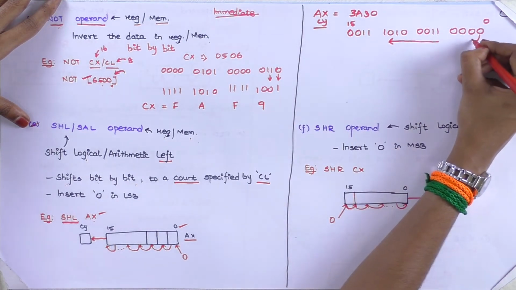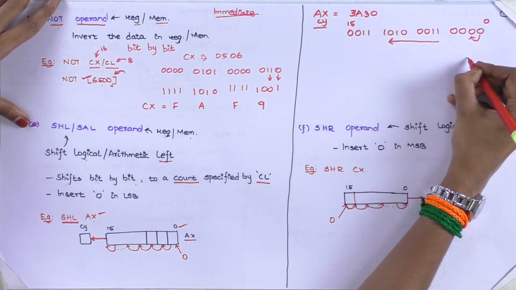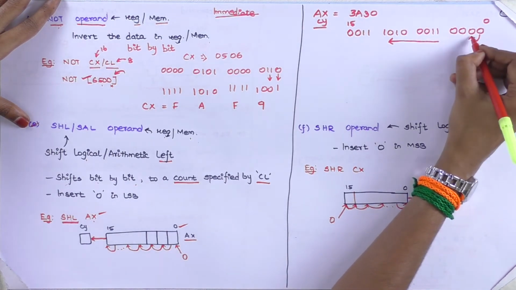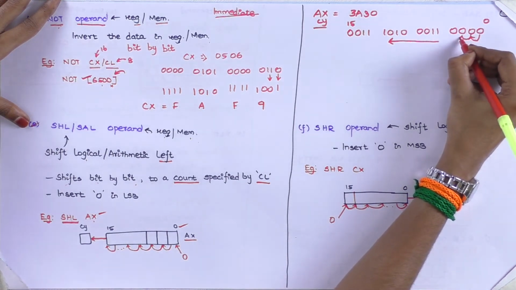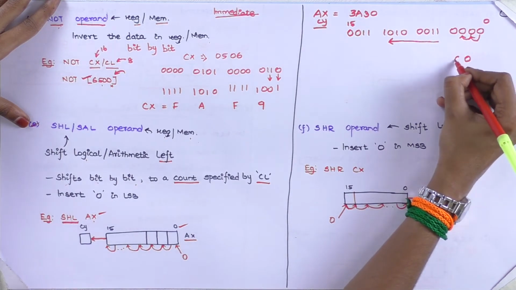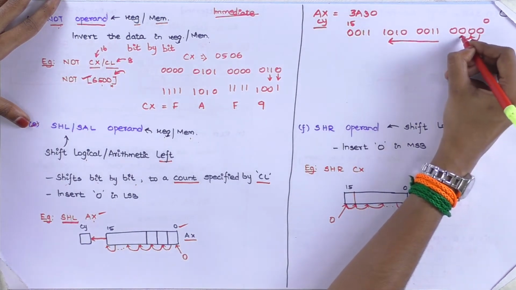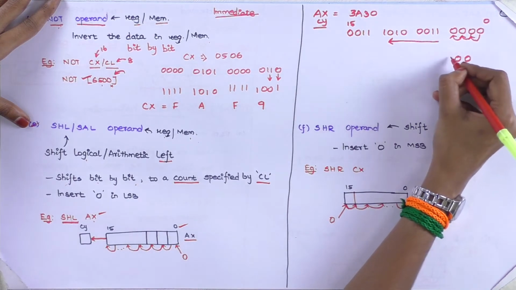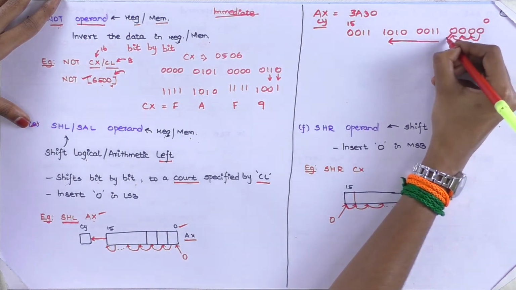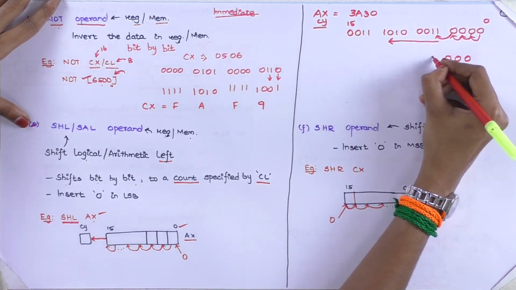Bit number 0 goes to bit number 1. That is 0. Now, bit number 1 value 0 will go to bit number 2. That is also 0. Bit number 2 goes to bit number 3. This will go to bit number 4, 0.